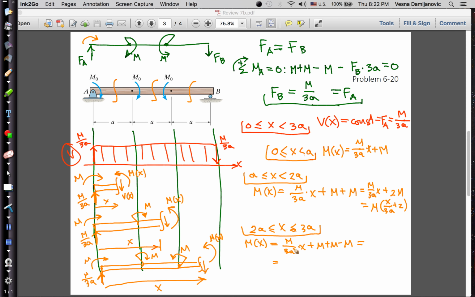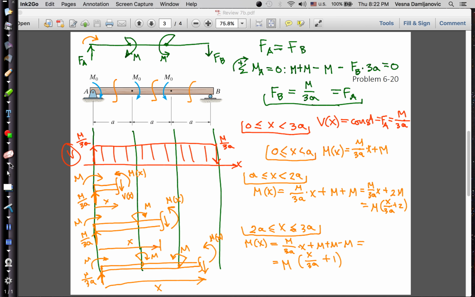When you add all that up, 2m minus m is just m. And if we pull this m out, we get x over 3a plus 1. And here we had plus 2. Now what we need to do is draw a moments diagram, because we've already drawn this one.